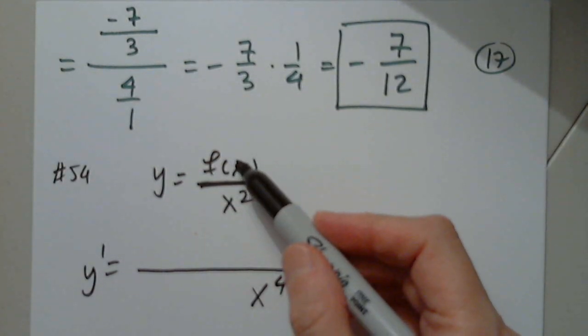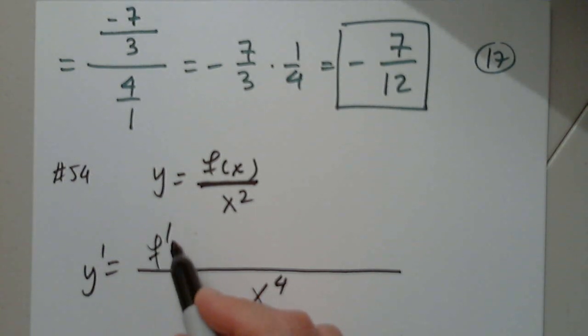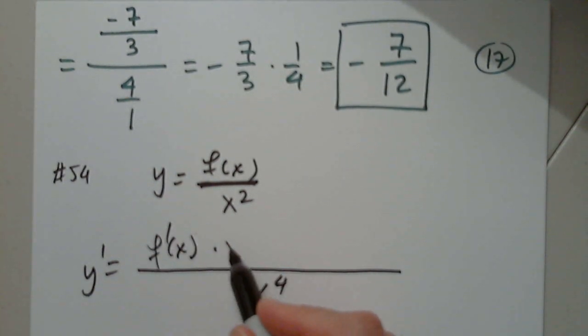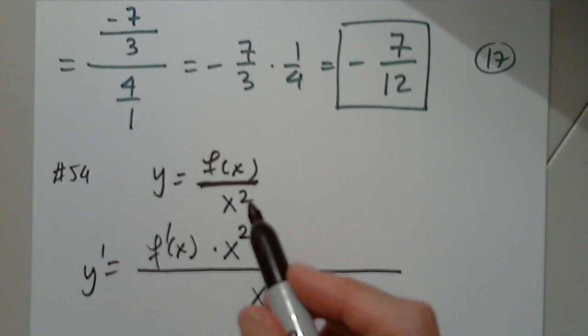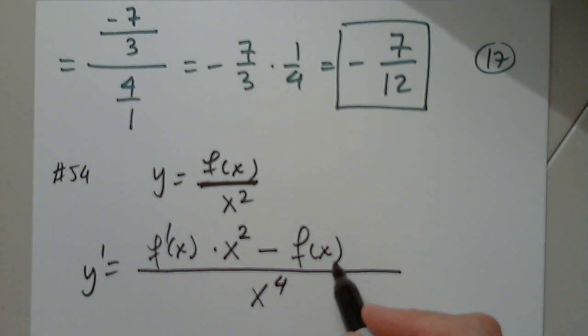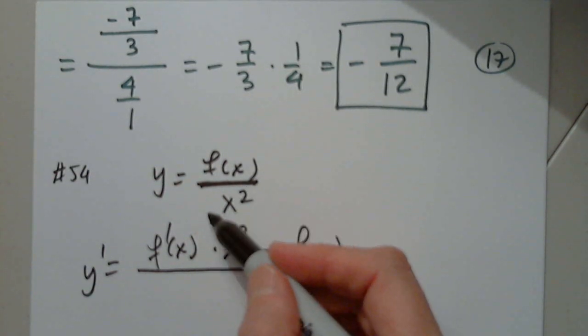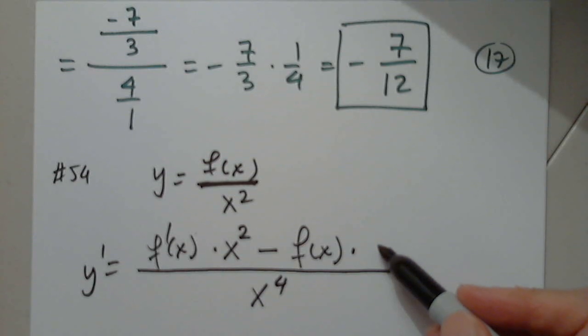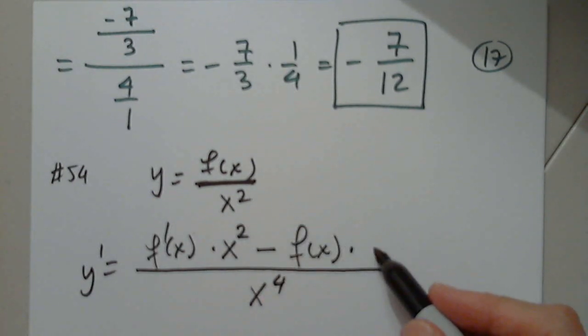So the first function prime is f prime times x squared minus f of x times the denominator prime, and I have to put it here. The denominator prime is here.